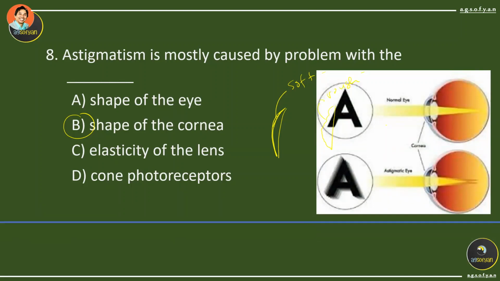So for normal people with a soft shape of cornea, they will be able to see this letter A clearly, but if they have astigmatism, that letter will be blurry or sometimes become thicker, because it's going to be kind of a double. The one that doubles becomes look like one thick line or letter.